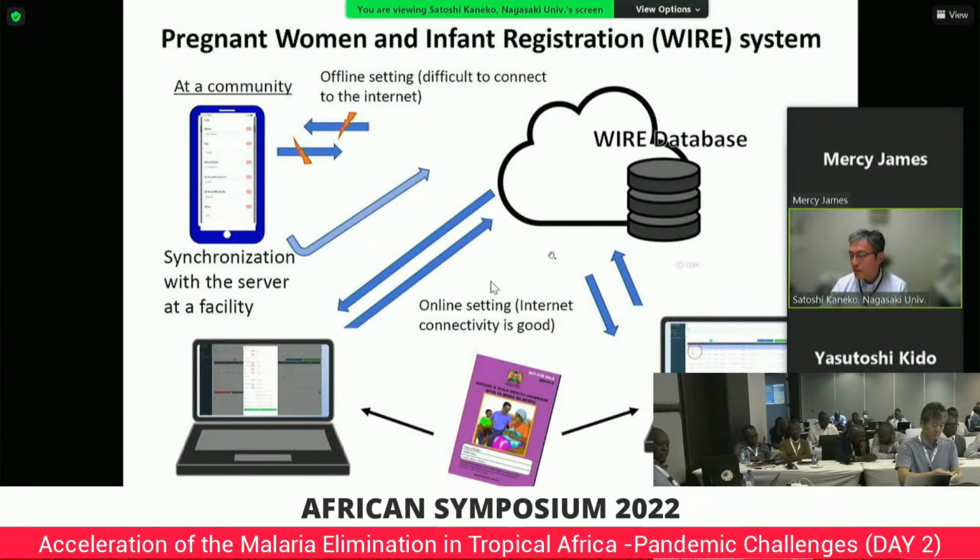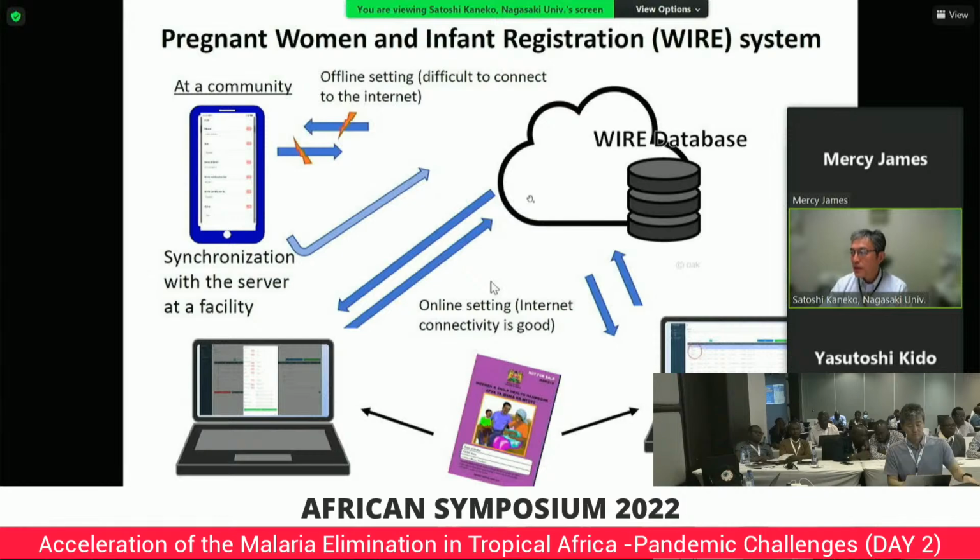Based on the clinic, we record information from the mother and child health booklet. Then we register mother and infant both, and we are following up. And based on this system, we are doing some research.